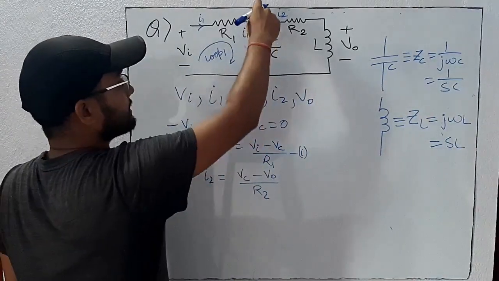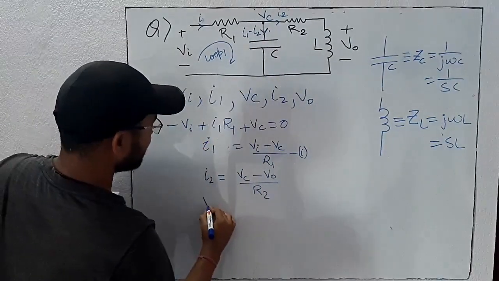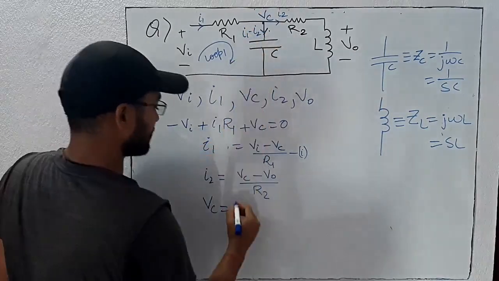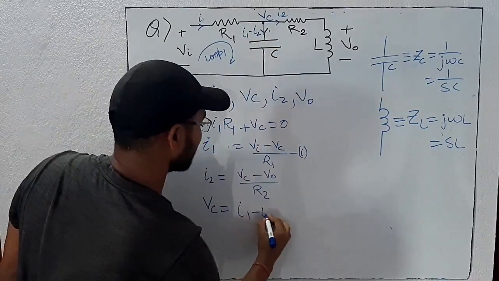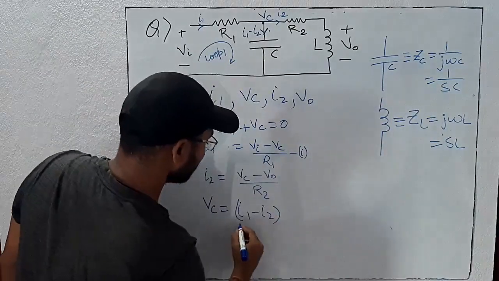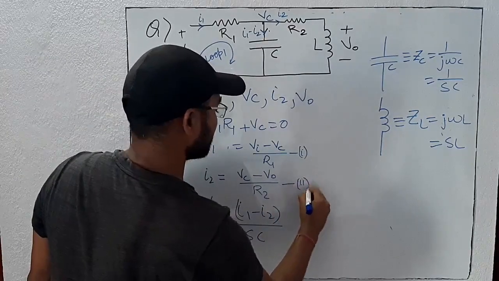So writing for this branch, we get Vc is equal to voltage equal to current into impedance. So the current is I1 minus I2 and the impedance is 1 by sC. This is our equation second and this is third.